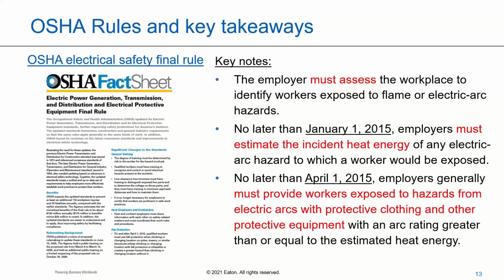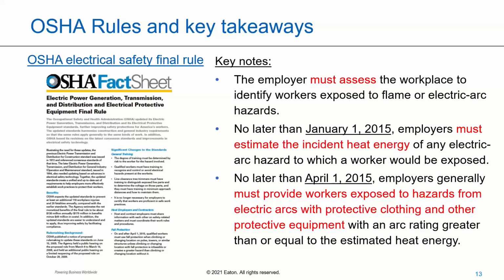That's some extremely dangerous levels of energy. And although there may be some PPE out there that goes to 40 calories or 100 calories, that's really great for a fire resistance nature, but not really an arc blast, so that physical concussive force that you might see from some of the arc flash events.